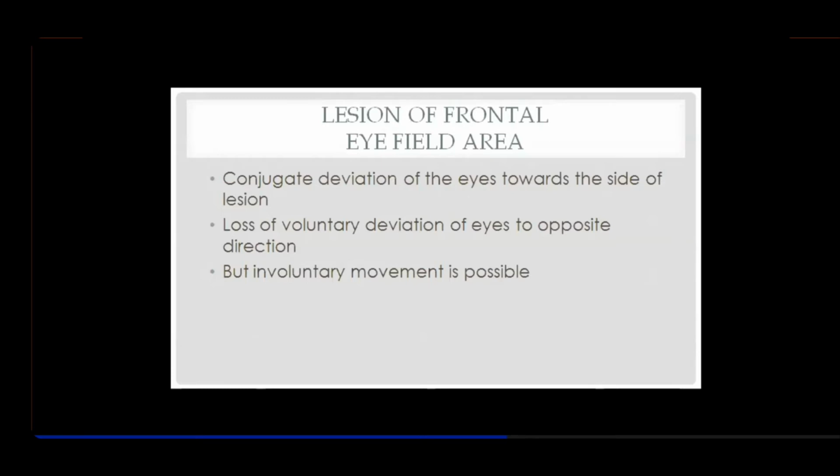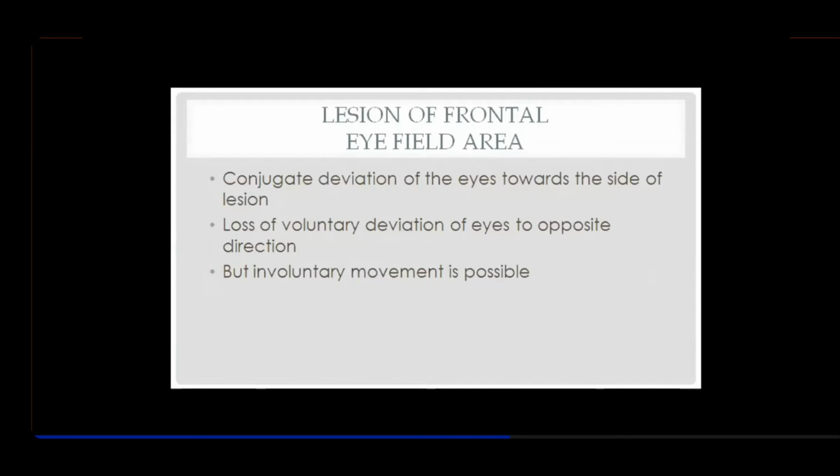So this is important. Remember, questions related to eyes like this become very common as clinical questions. So the frontal eye field causes the conjugate movement of the eyes to the opposite direction. That's the function. And when it is lesioned, what will happen?